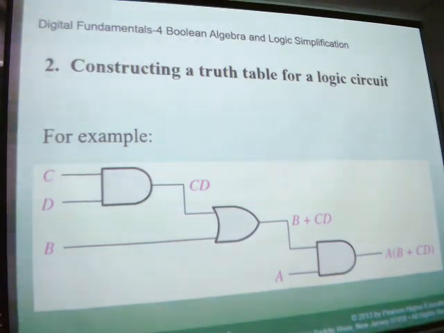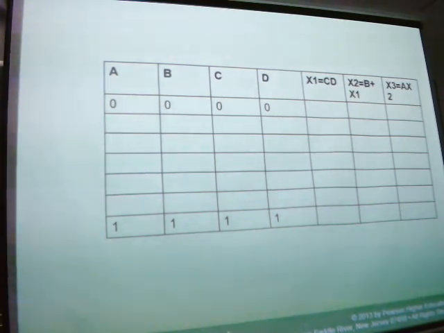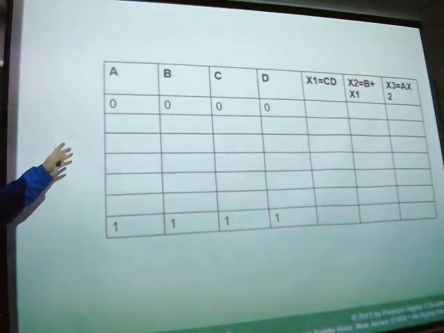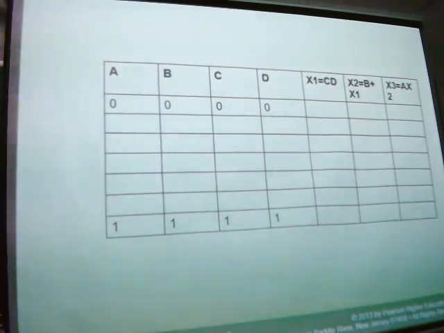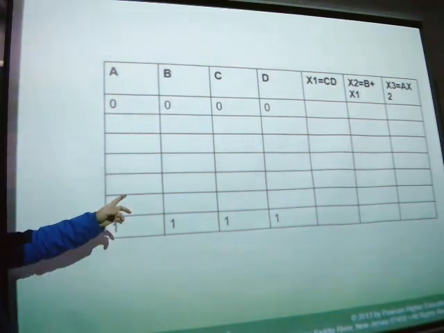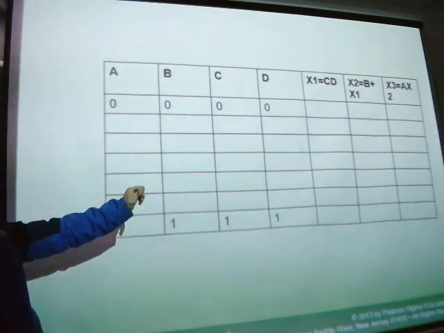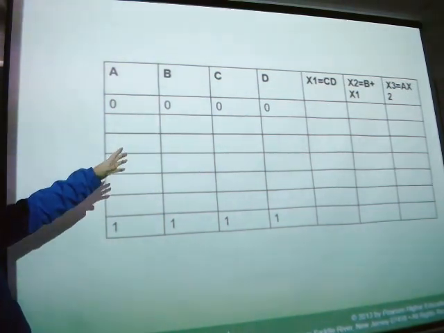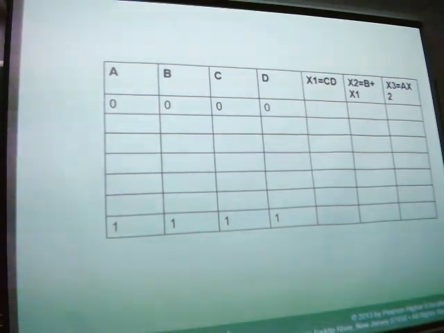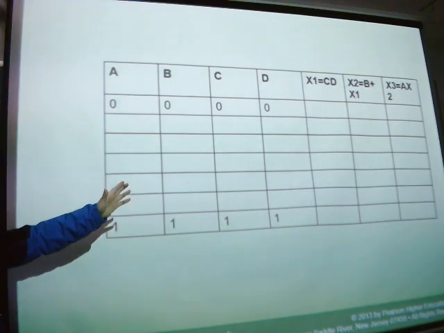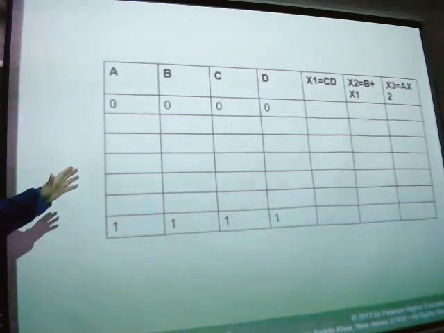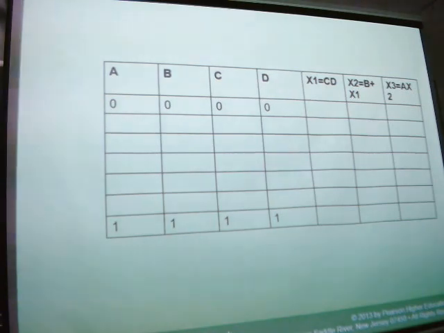First, we know the expression is A and B or CD. So we first list all the variables as the inputs, and then write each output of the gate, such as x1, x2, and then the last column is the final output, x3.